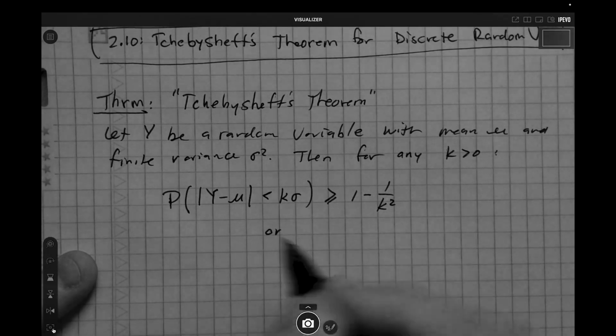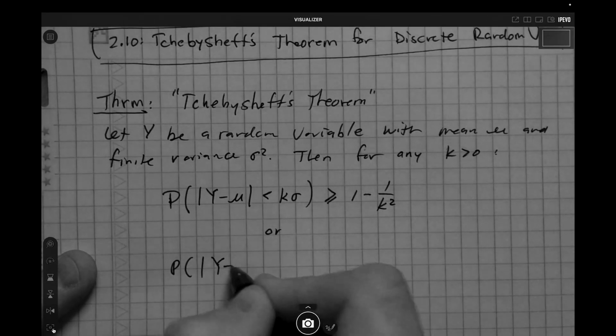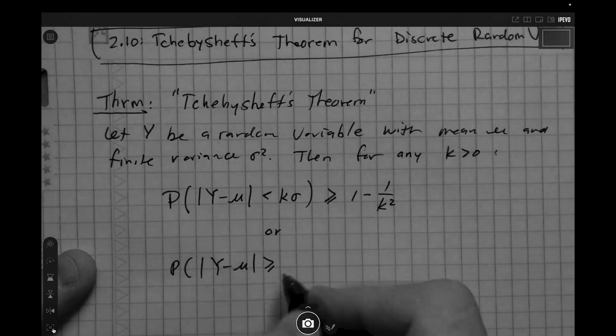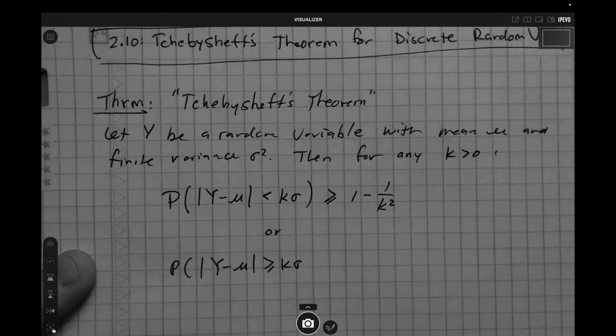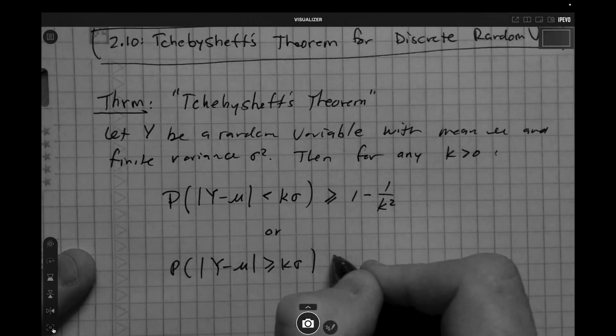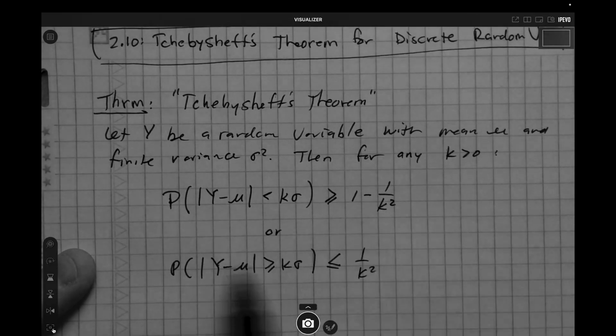Another way to express it is to say the probability that |Y minus mu| is greater than or equal to k times sigma, i.e. it's outside of k standard deviations, that probability is less than or equal to 1 over k squared. So it's really kind of the same thing.